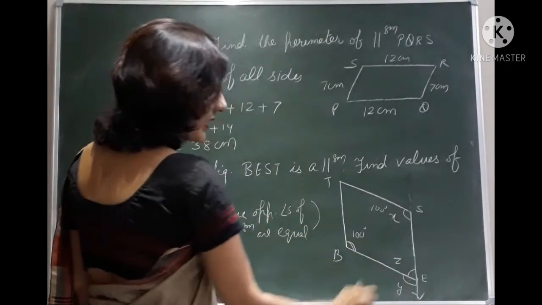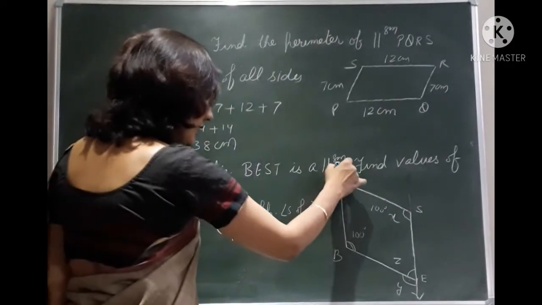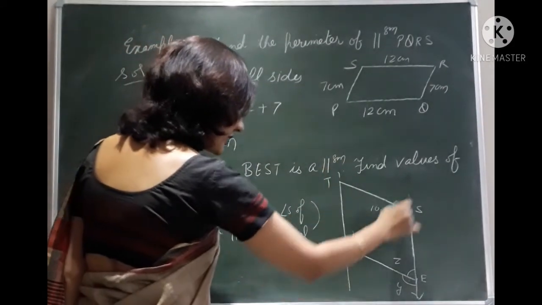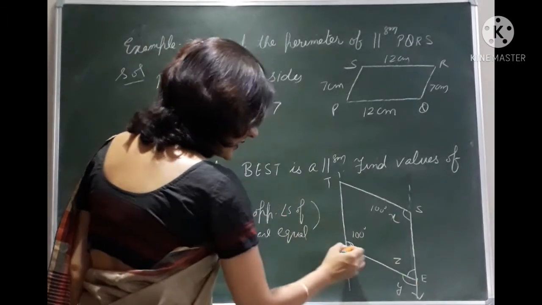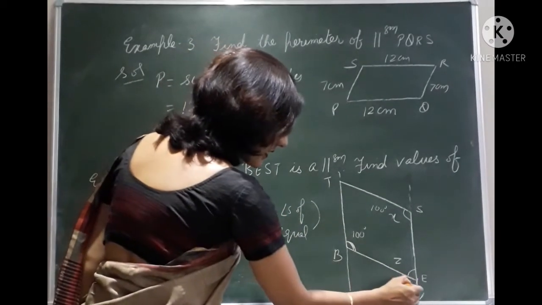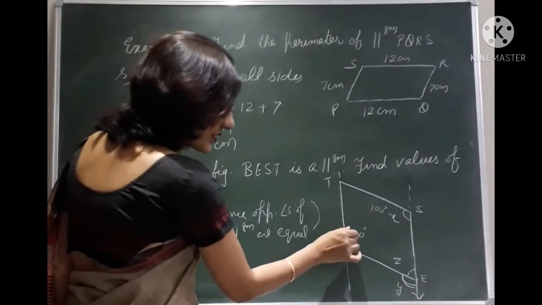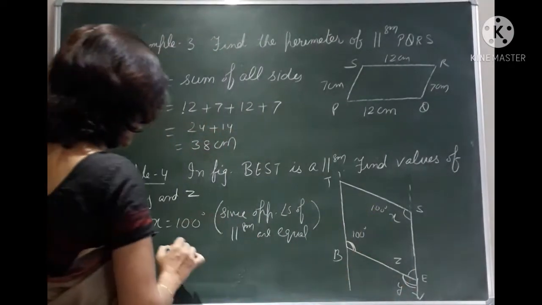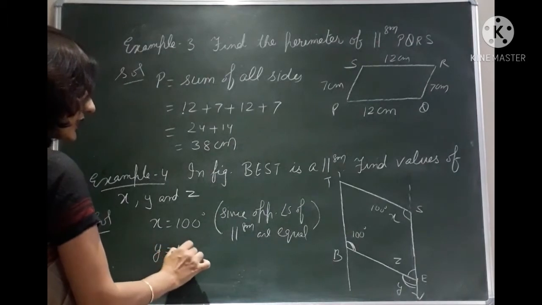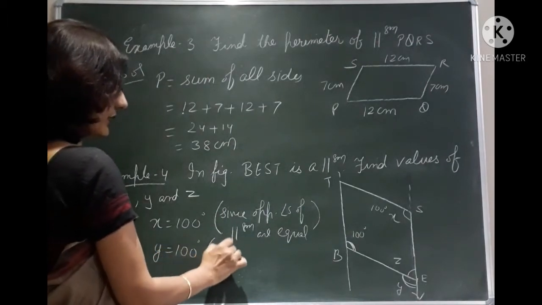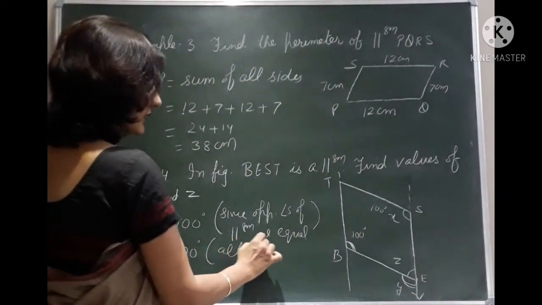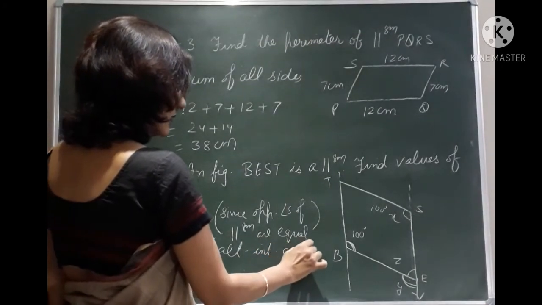Now coming to z and y. If you see, these two are parallel lines, this line BT and this line SE, and this angle and that are alternate angles. If you remember, last year we have done this. So this angle is 100 degrees, so y will also be 100 degrees. So we will write y equals 100 degrees, and in the bracket you will write alternate interior angles.